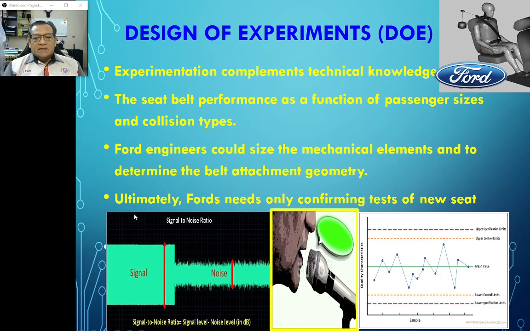So, for example, this is your testing. In the lead part, I highlighted the testing of a new mic. This is the signal or the real performance, which is the clarity of your voice. And the noise is basically the surrounding noise that is captured within your voice. For example, the noise that your neighbor makes, or the neighbor's dog barking. So these are noise. So this is your mic, right? In the design of experiment, you want your clarity of voice to always be at this mean value, right?